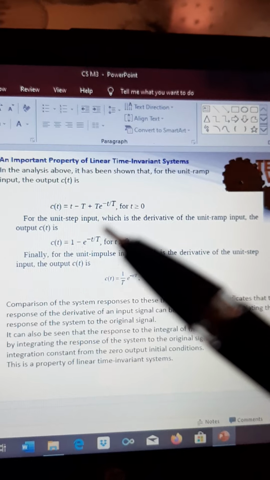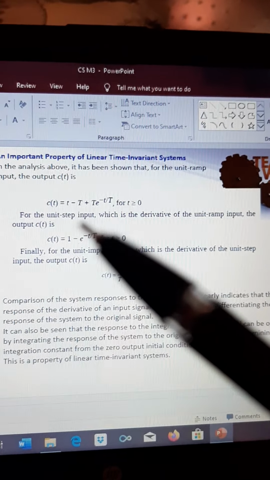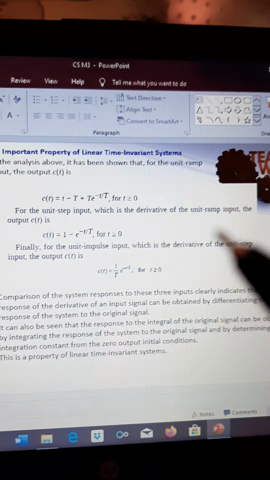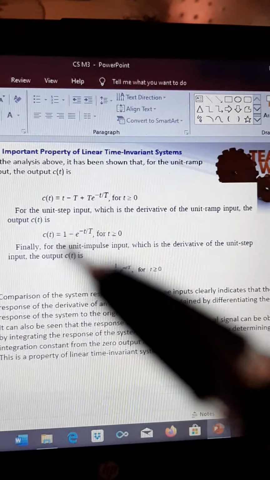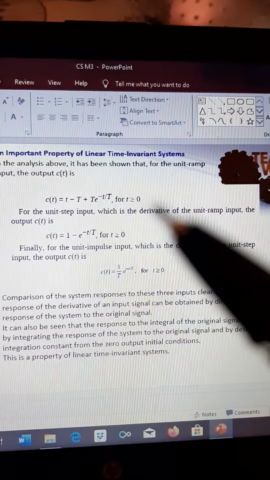It is very much related: the unit step is the derivative of the unit ramp input, and similarly the output is obtained by differentiating with respect to t.